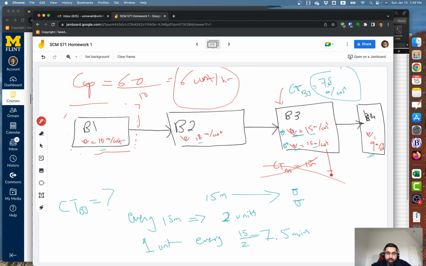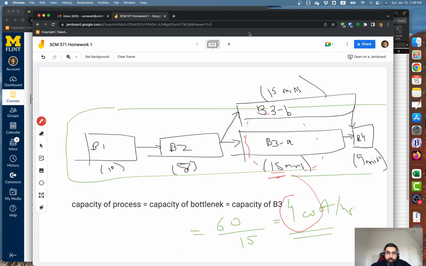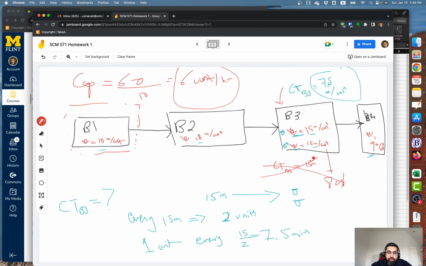Right? B3, if it runs flat out, can do 8 customers per hour. It did double from 4. It was 4 before, right? But because B3 is no longer the bottleneck, B3 is going to be idle a lot of the time. B1 has become the bottleneck, and so our capacity for the whole process is 6 customers per hour. The whole process capacity did not double. Okay? So hopefully it makes sense.